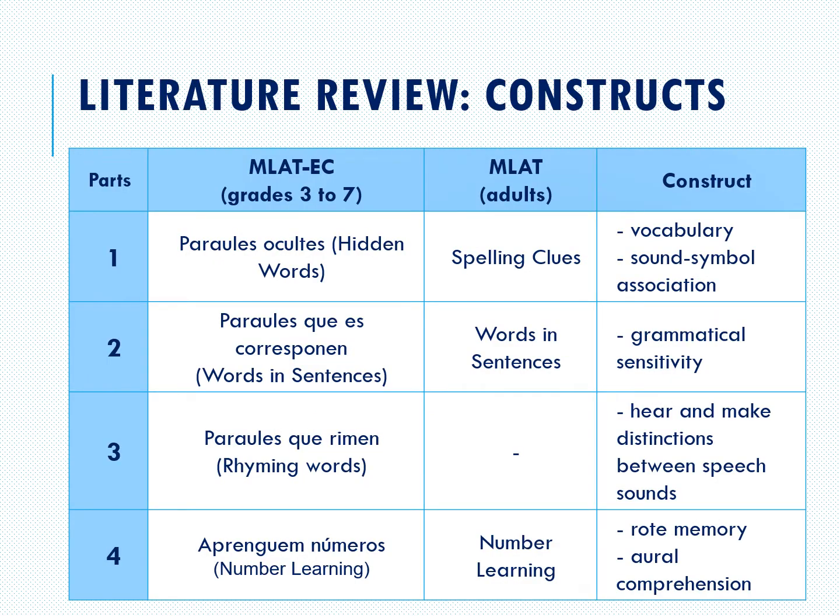More specifically, in the Modern Language Aptitude Test Elementary in its Catalan version, adapted from the Modern Language Aptitude Test Elementary originally in English, which was also adapted in turn from the MLAT, the Modern Language Aptitude Test for adults, we find that Part 1, Hidden Words, measures vocabulary and sound symbol association. Part 2 taps into grammatical sensitivity. Part 3 will measure the ability to hear and make distinctions between speech sounds, while Part 4 will essentially measure rote memory and oral comprehension.